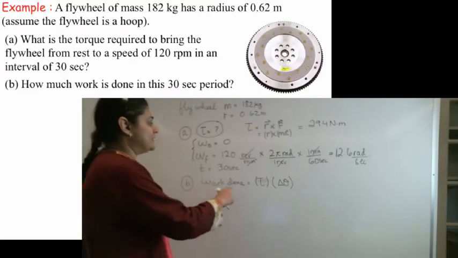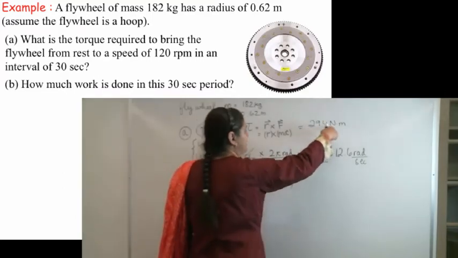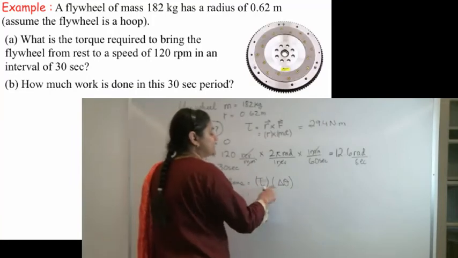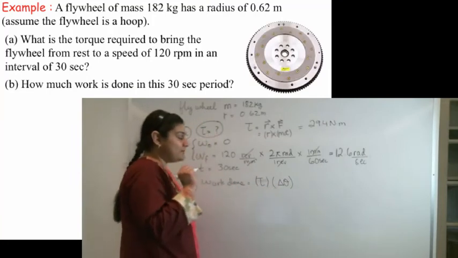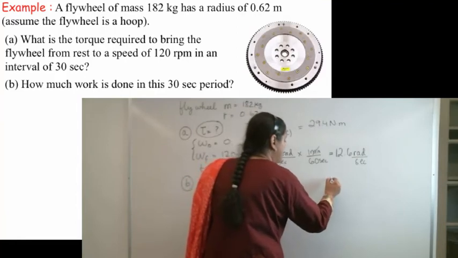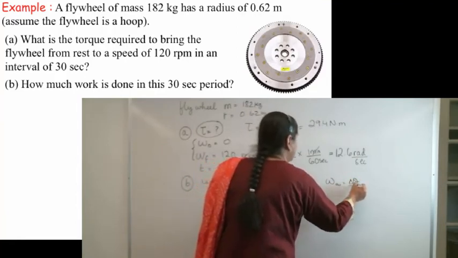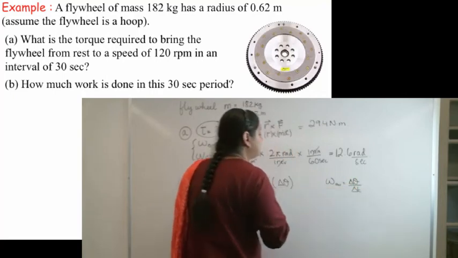What else? Well, I know the value of torque, which is 29.4 that I calculated in part A, but I don't quite know what delta theta is. However, I do know that omega average is equal to the change in theta divided by the change in time.